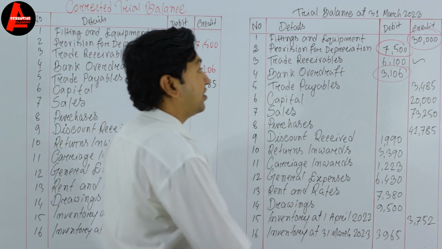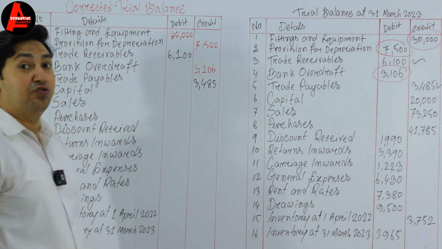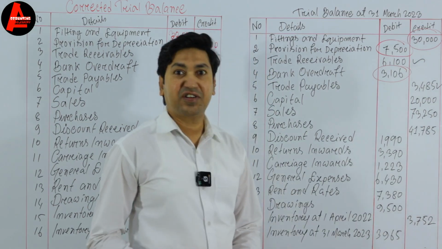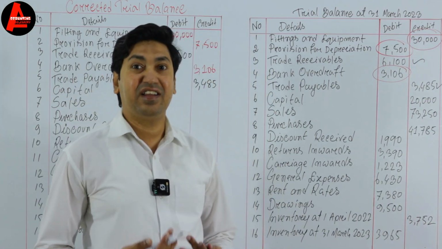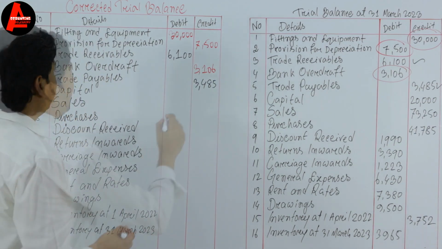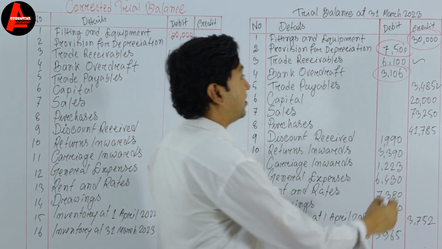So this item was correct. Then we have capital $20,000 on the credit side. You know capital is a credit item. So here we will write $20,000 on the credit side. This was also correct.